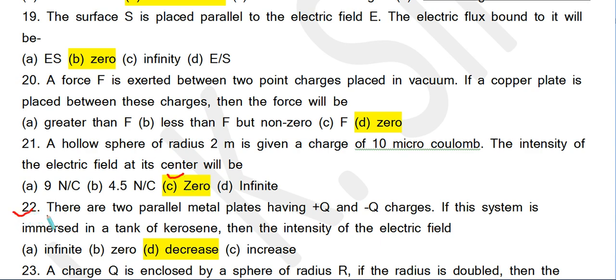Now question number 22. There are two parallel metal plates having plus q and minus q charges. If this system is immersed in a tank of kerosene, then the intensity of the electric field decreases, because the electric field intensity is inversely proportional to the dielectric constant of the medium.